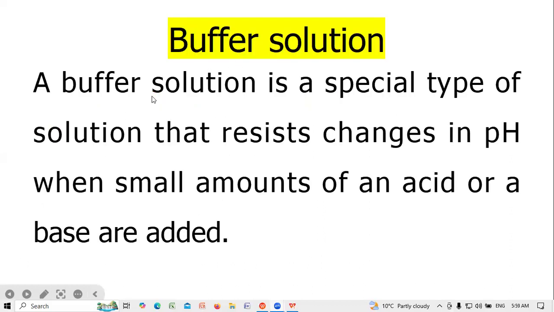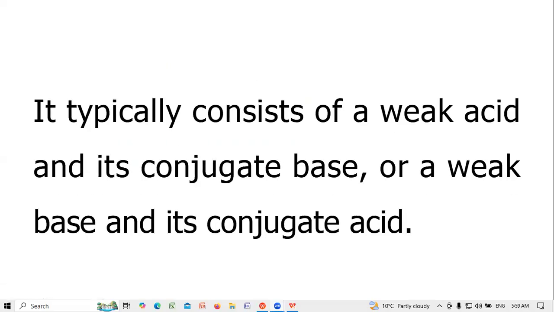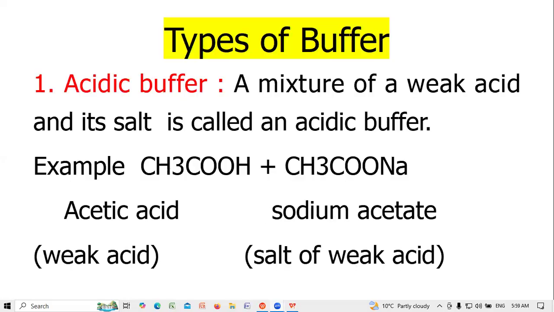Buffer solution is a special type of solution that resists the change in the pH when a small amount of acid or base is added. Typically, it consists of a weak acid and its salt, its conjugate base, or a weak base and its conjugate acid, that is its salt.